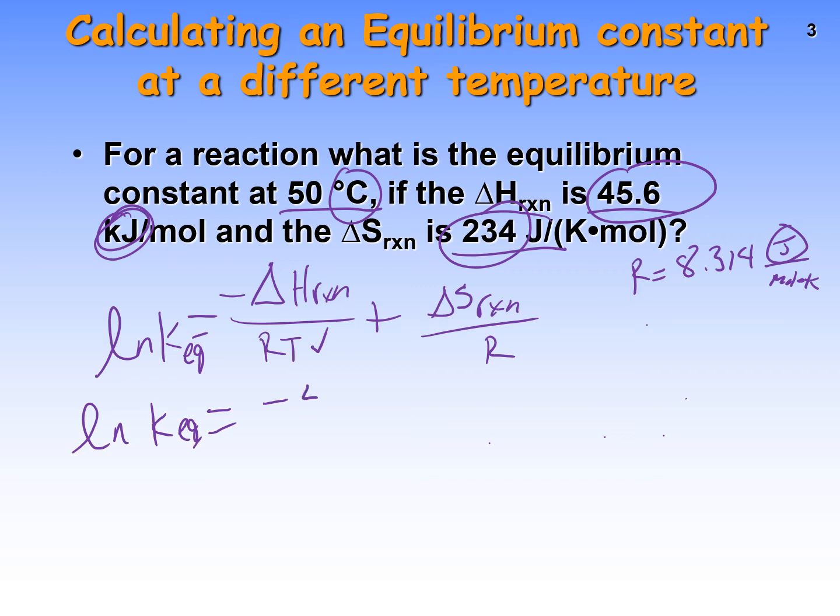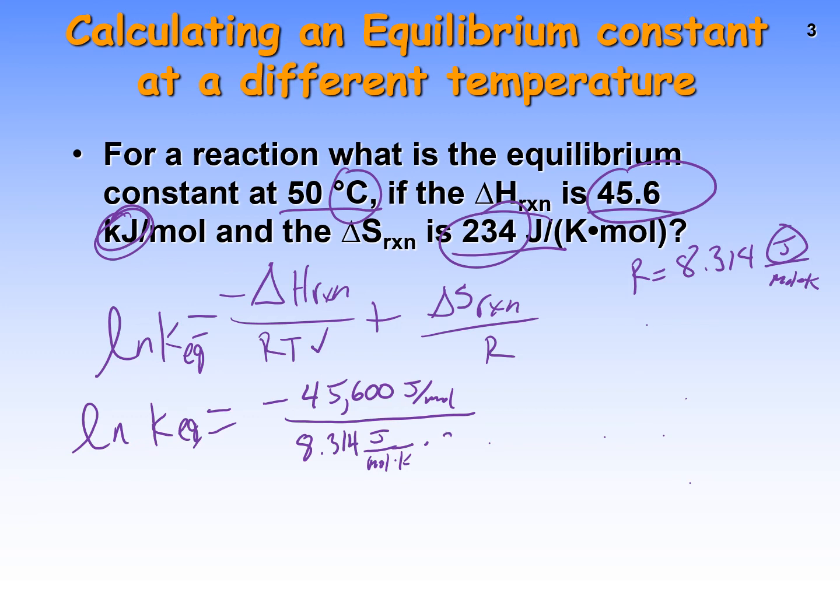So I'm going to say this is equal to negative 45,600 joules per mole. And I'm going to divide that by 8.314 joules per mole Kelvin times our temperature in Kelvin. Now we need to add 273.15 to 50 to get it in Kelvin.